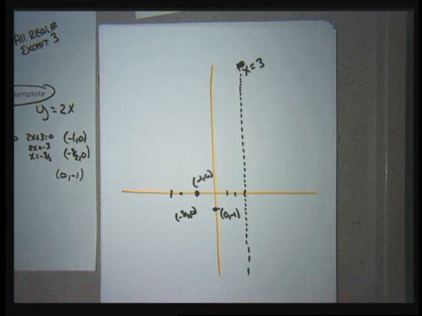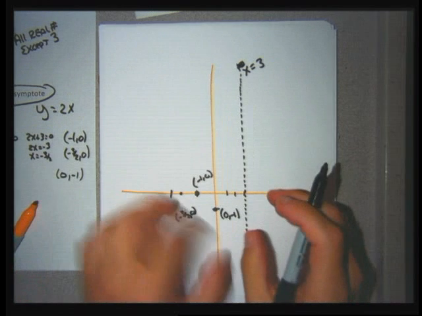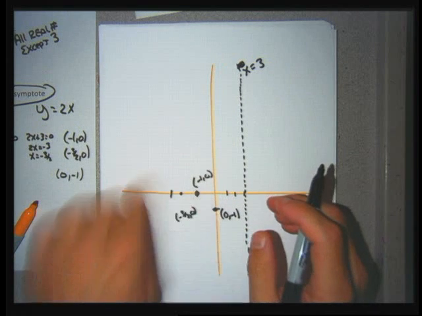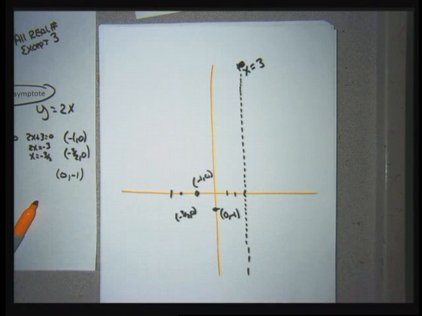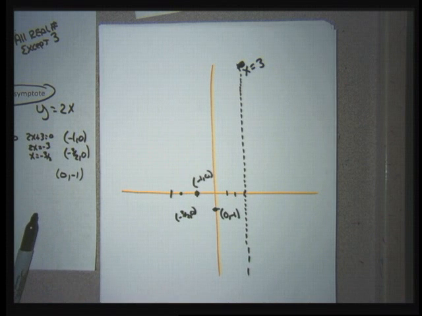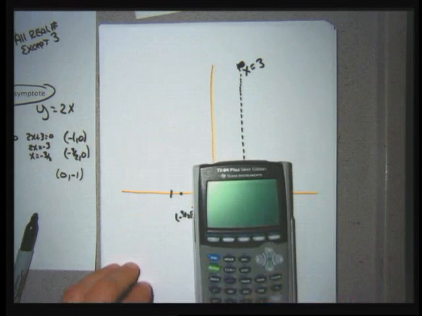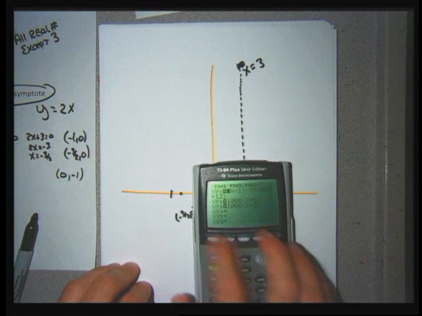So what I'm going to do very first is try to just focus on this little region of the graph to see what it looks like, and then I'm going to blow out my y's real big to see the impact of the slant asymptote. So I'm going to graph this function with a really narrow window to start.